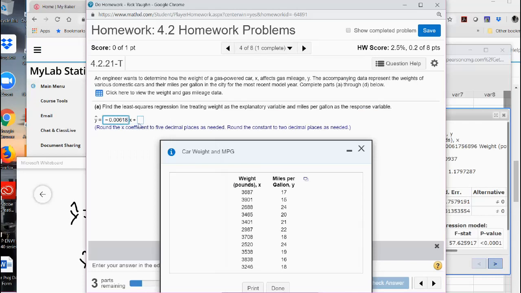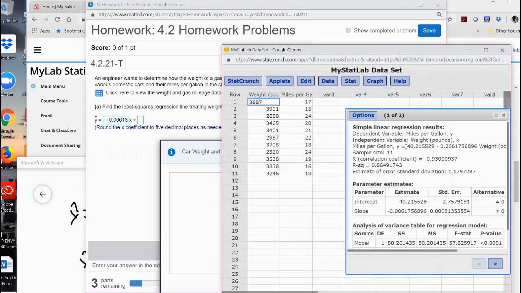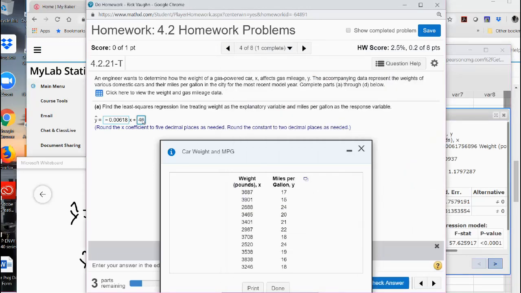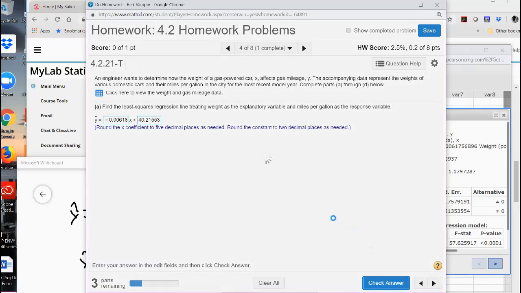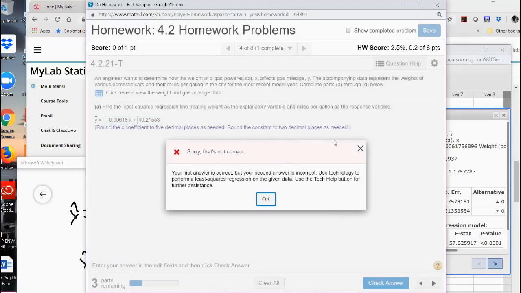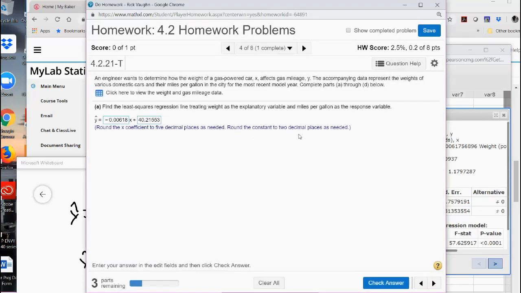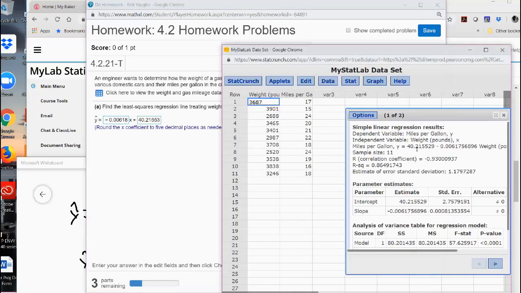And the intercept to 5 decimal places is 40.21553 when I round it. Oh, I'm sorry, it says round the constant to only 2 decimal places. So I'm going to round this to 40.22.